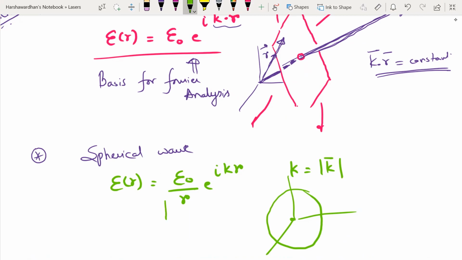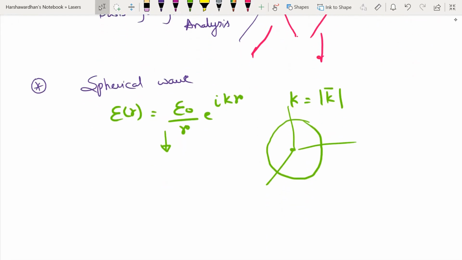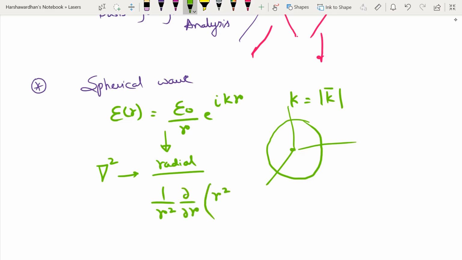One can quickly check that this is indeed a solution of the wave equation. If you write down del square in spherical polar coordinates, you see that the radial part, and I expect you to go home and verify this, the radial part of the del square operator will go like 1 over r square, dou by dou r, times r square dou by dou r, operating on E of r.